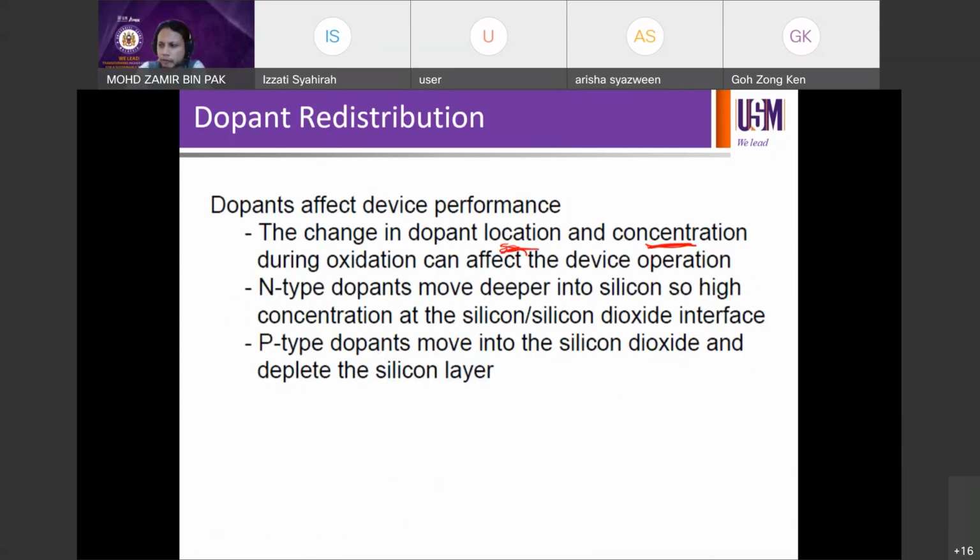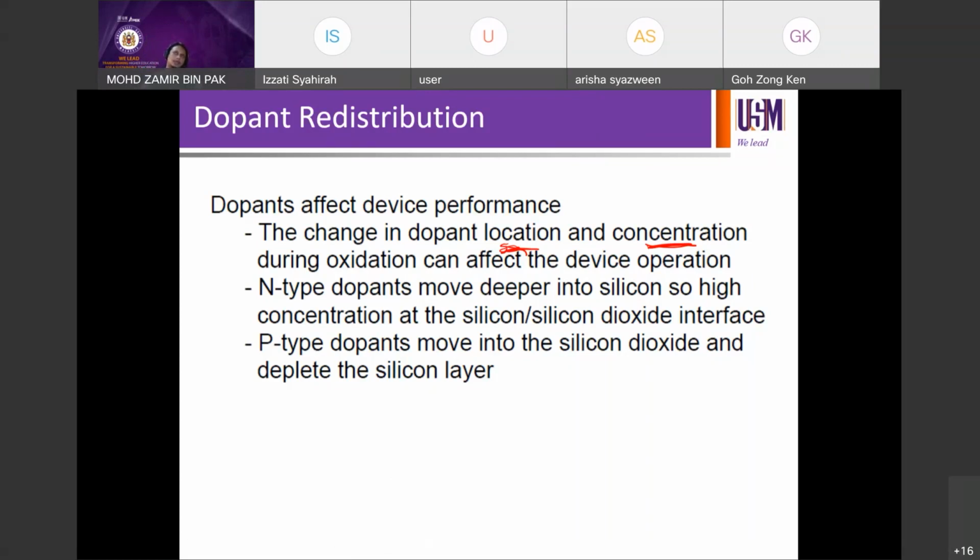Just imagine if you have already diffused a certain depth and certain concentration of dopants, phosphorus or boron, on your device, and suddenly the wafers go through thermal oxidation at high temperature, then your dopants will be redistributed, and your intended properties of the junction, for example, will not be exactly the same as what you designed due to the redistribution during the thermal oxidation.